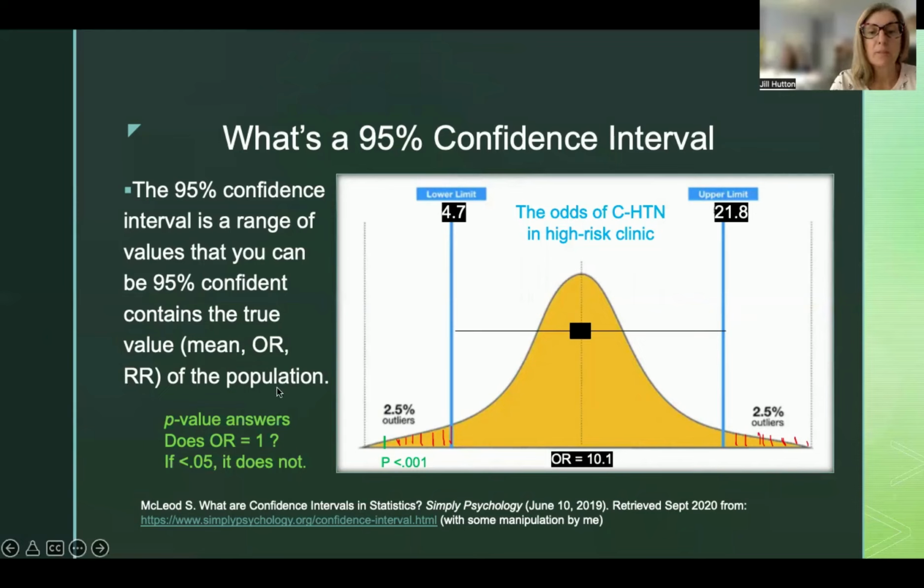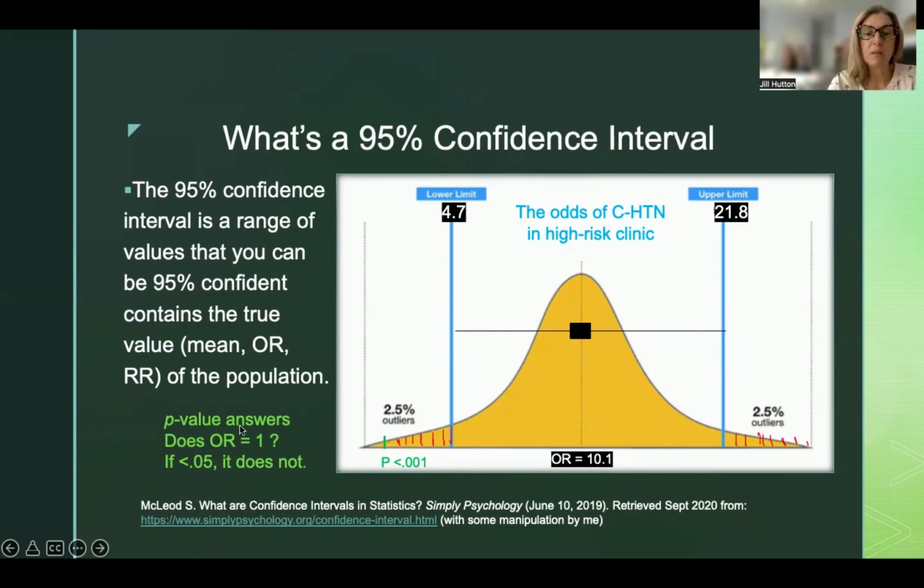of the population. So here we have our typical bell-shaped normal distribution, and this is our odds ratio of 10.1. And the video before gives us the confidence interval of 4.7 to 21.8. And so this is where we're 95% certain our odds ratio lies. 1 is over here.